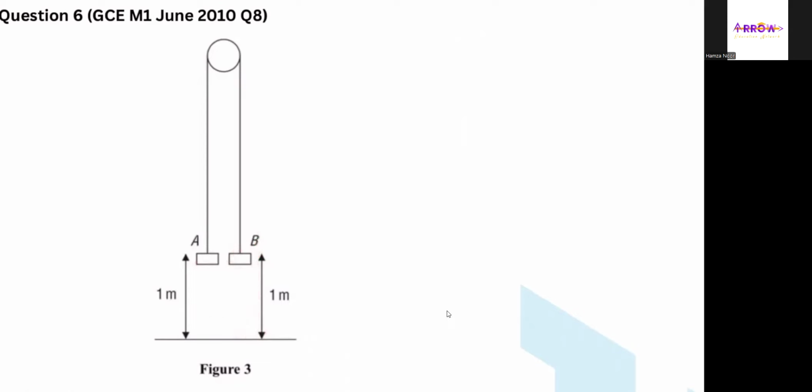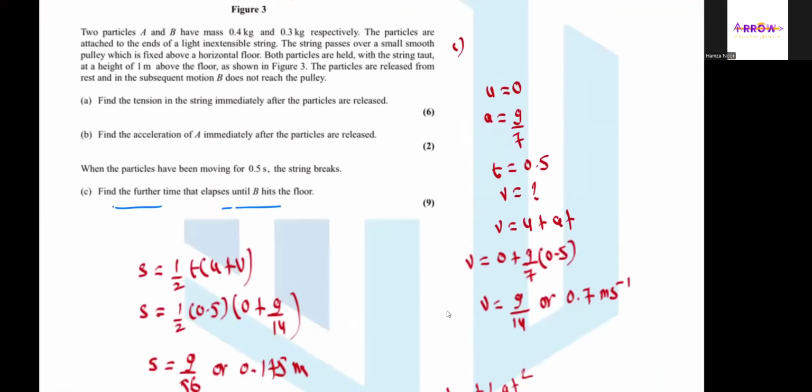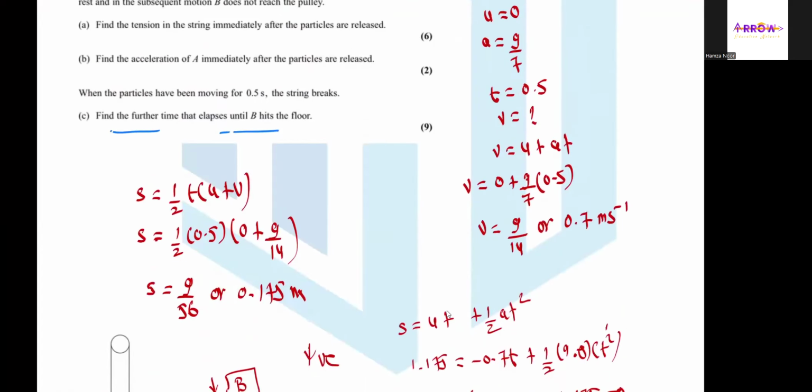So I can use s is equal to half t into (u plus v). We are concerned about the first 0.5 seconds only, and u is 0. And v we have already found, which is g over 14. So the distance covered is g over 56, or you can say 0.175 meters.